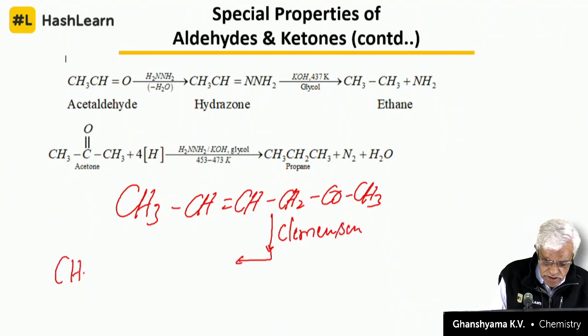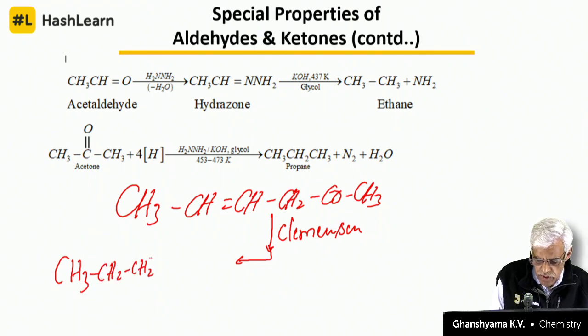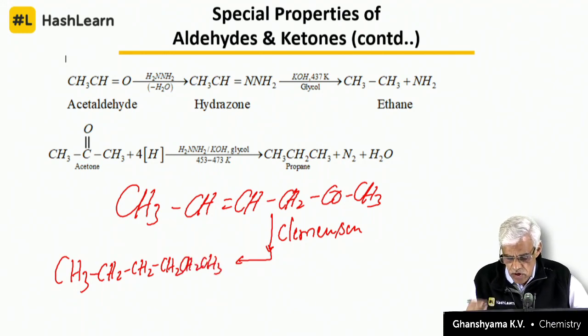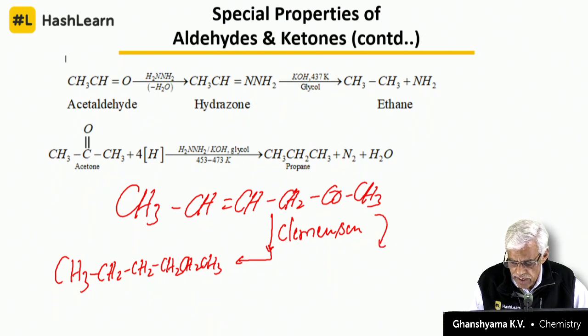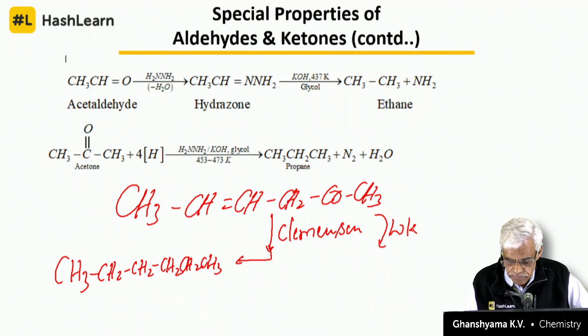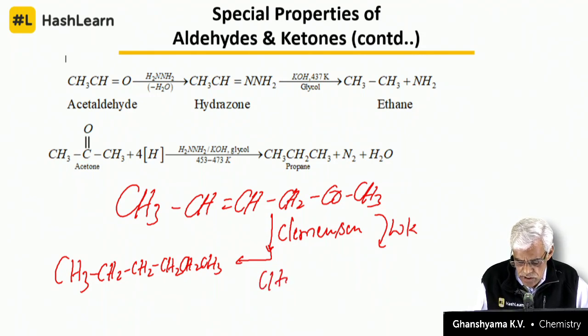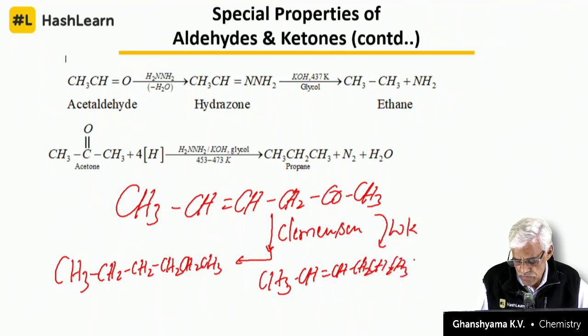there is a possibility for this compound to be formed, CH2, CH2, CH3. Whereas, if you do it by Wolff-Kishner reduction, you get CH3, CH, double bond CH, CH2, CH2, CH3.